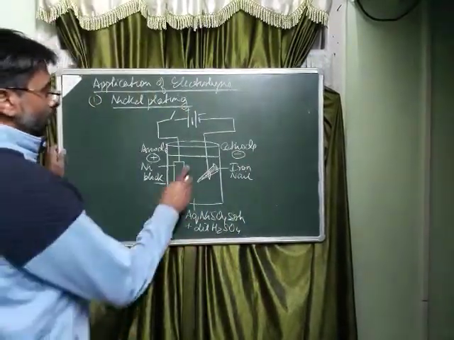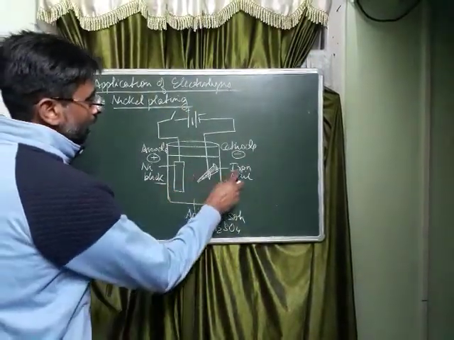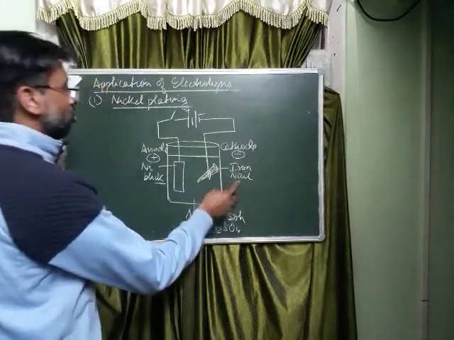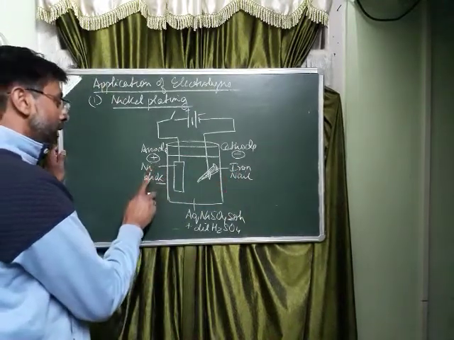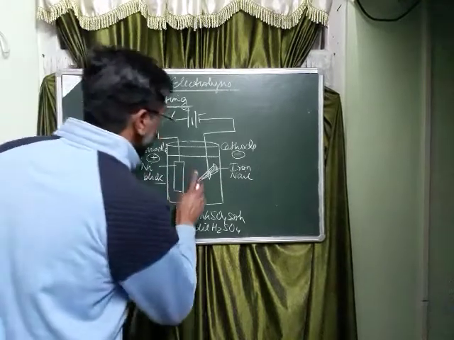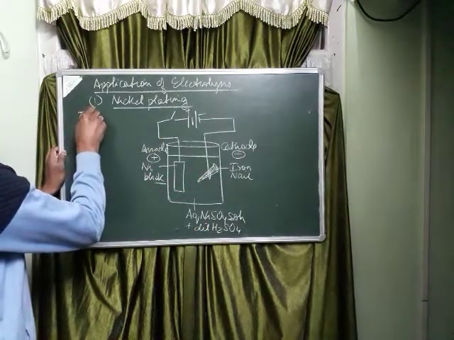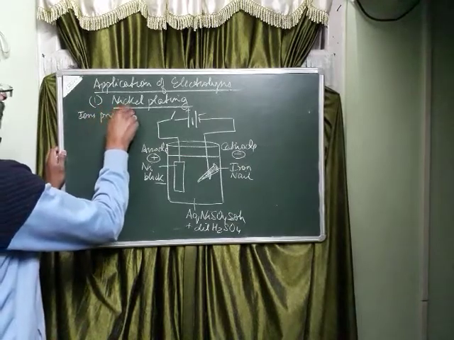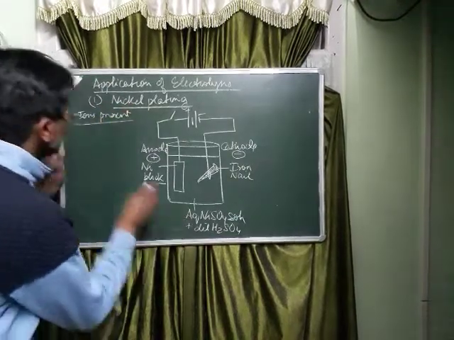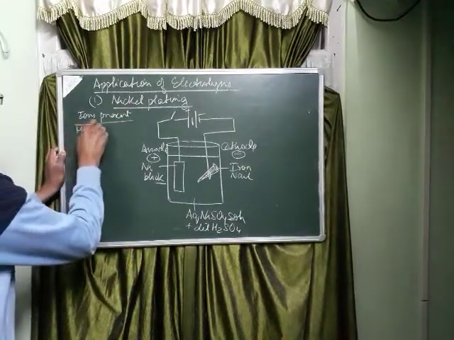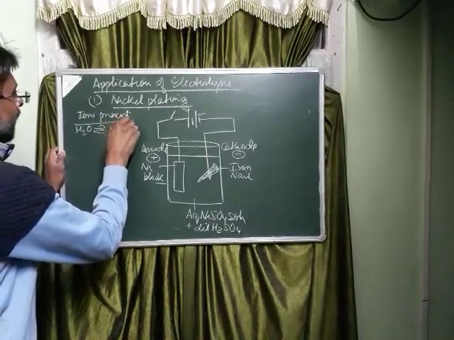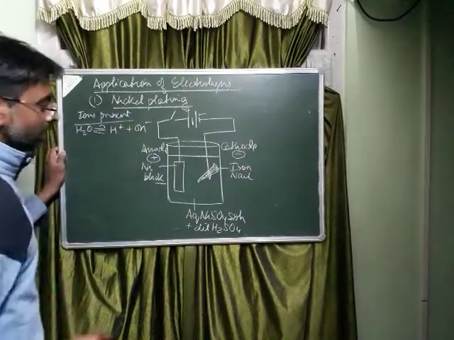Now the iron nail is the article to be electroplated by the nickel metal. So let us see what ions are present. It is aqueous, so definitely water will be there. Water produces H plus and OH minus ions.